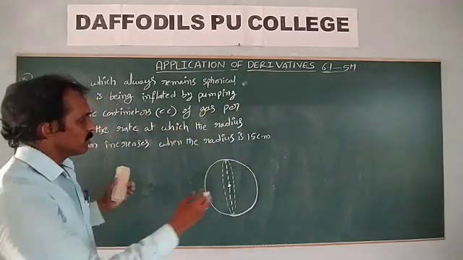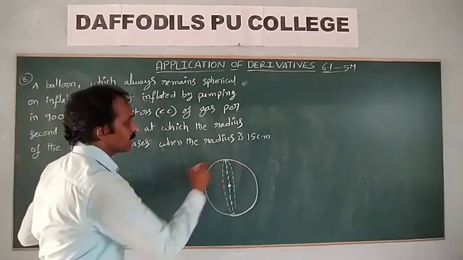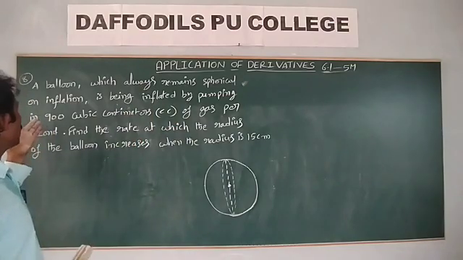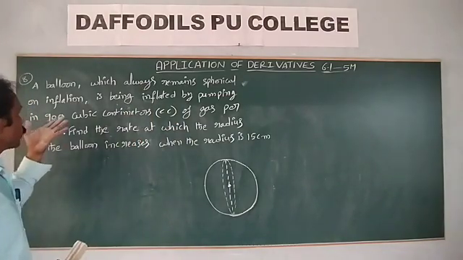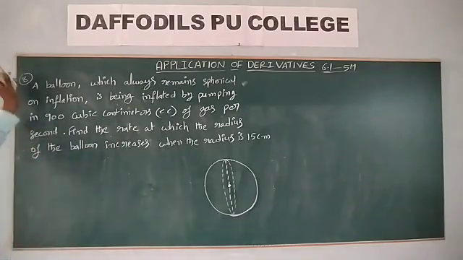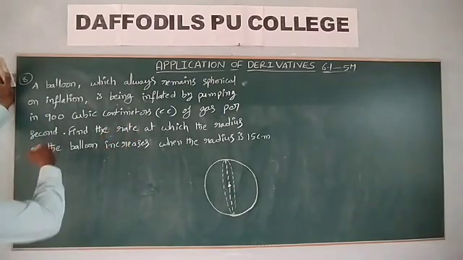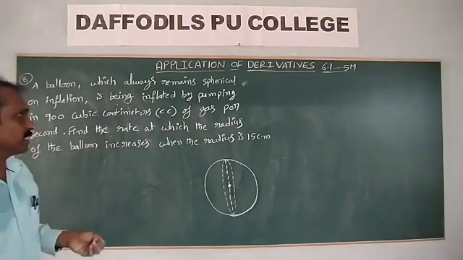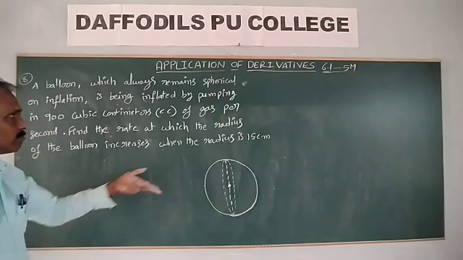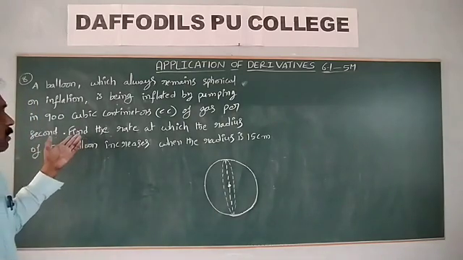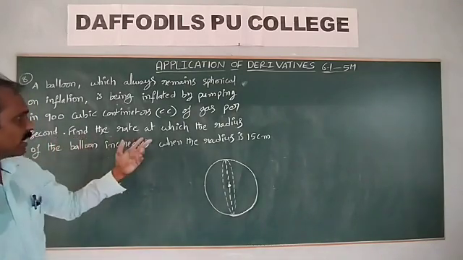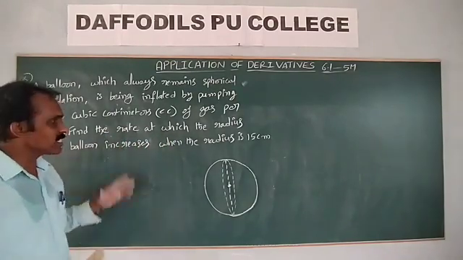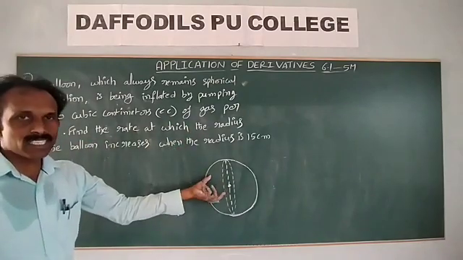Always spherical means it is a sphere with a center. After pumping, the balloon is increasing, by 900 cubic centimeters of gas per second. So by pumping, it fills the gas in it. Find the rate at which the radius of the balloon increases. The question is asking for the change in radius of the balloon.